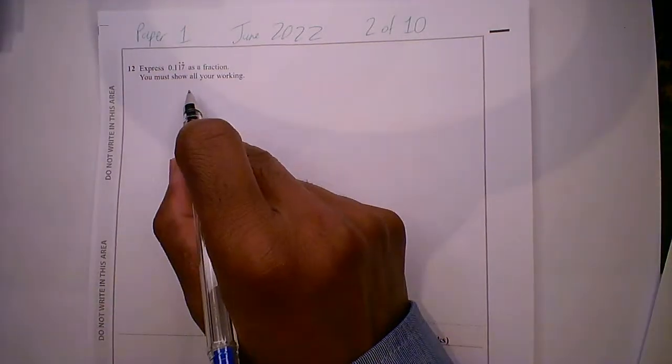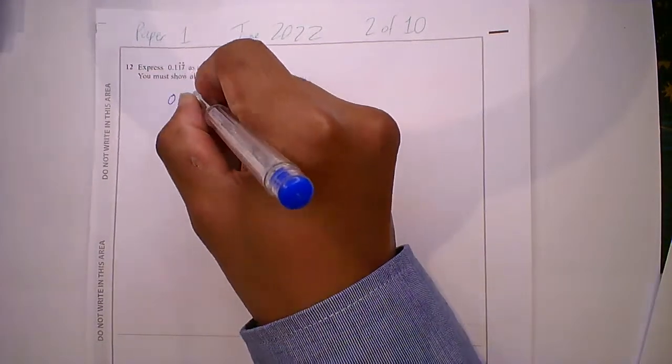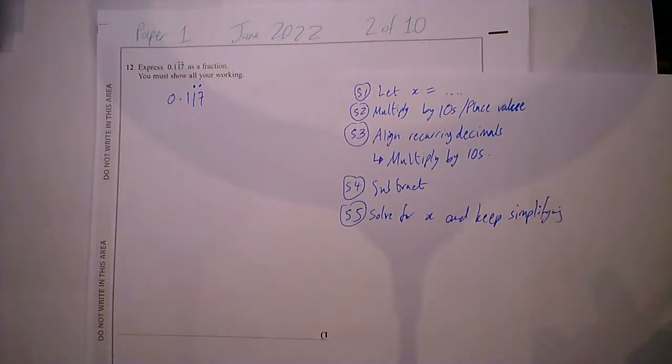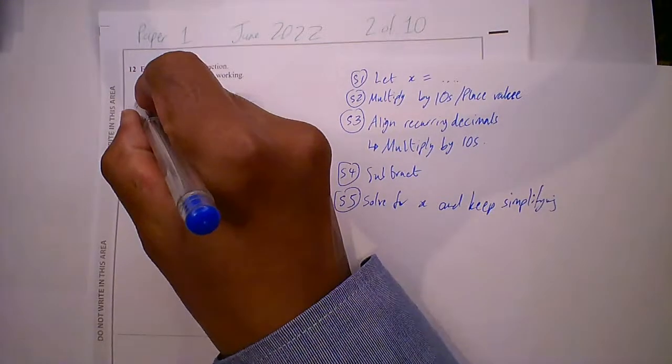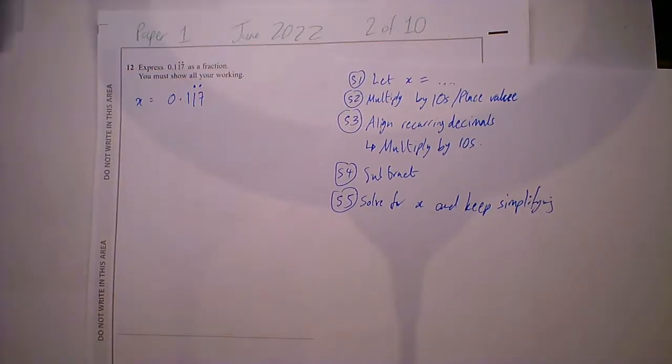So here it is. Express 0.117 recurring. So I've written that out just in case you can't see it well. So I'm going to get my steps back again. So I'm going to call this x. So this is x equals 0.117 recurring.